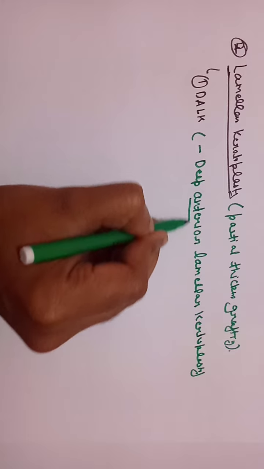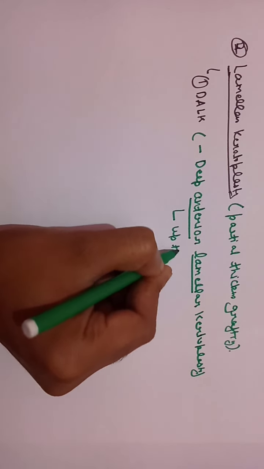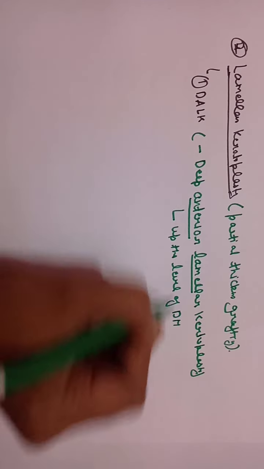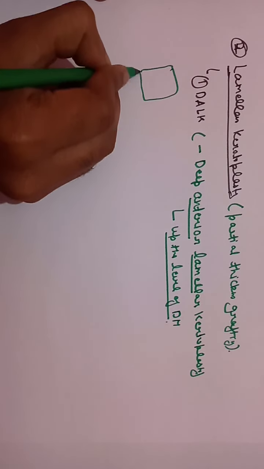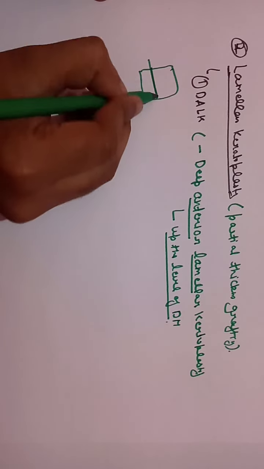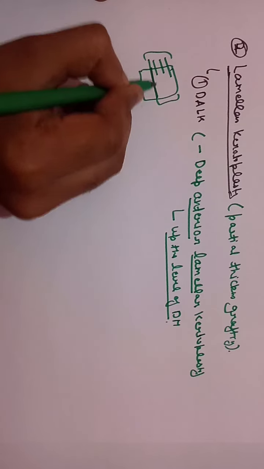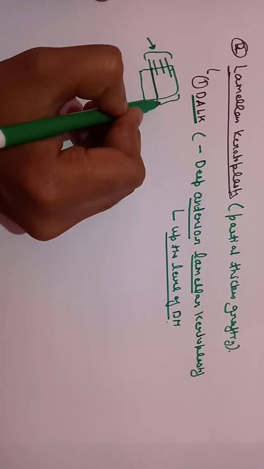So according to the name, anterior lamellar, up to the level of Descemet's membrane, we replace the cornea. Suppose this is a cornea, so the whole epithelium layer, Bowman's membrane, and the stroma are replaced with the donor cornea. This surgery is known as DALK.